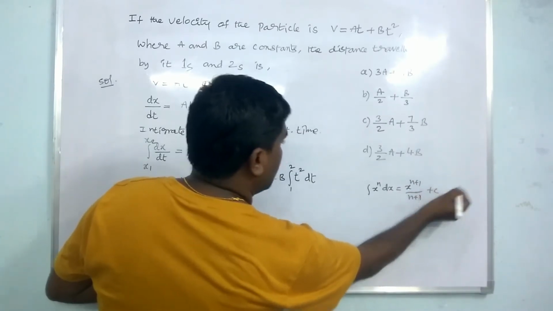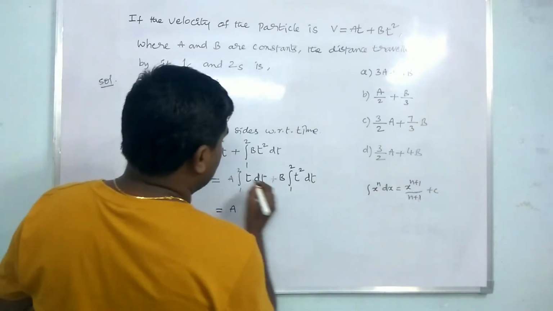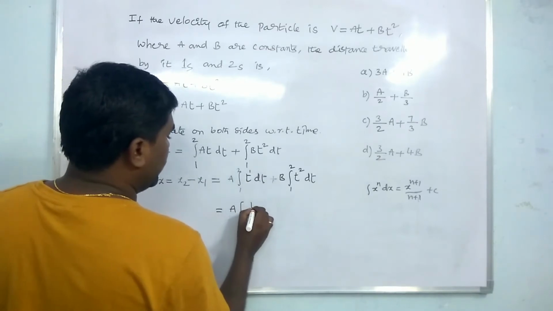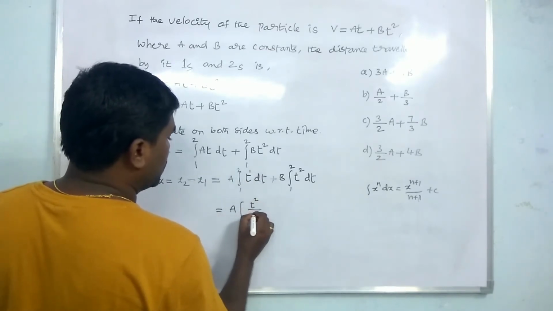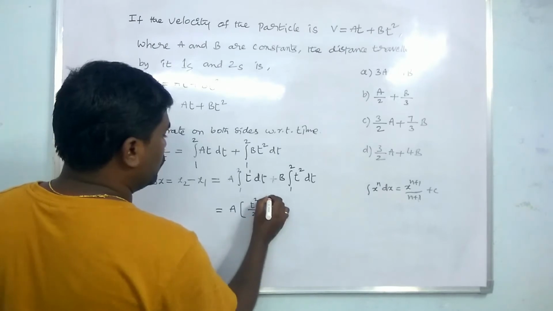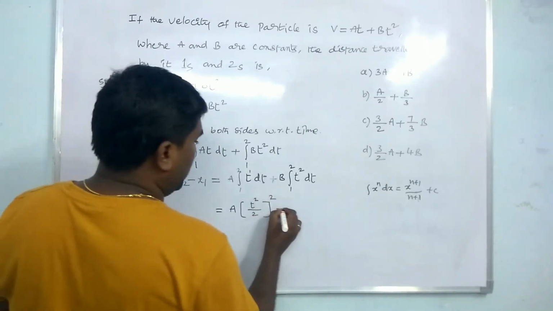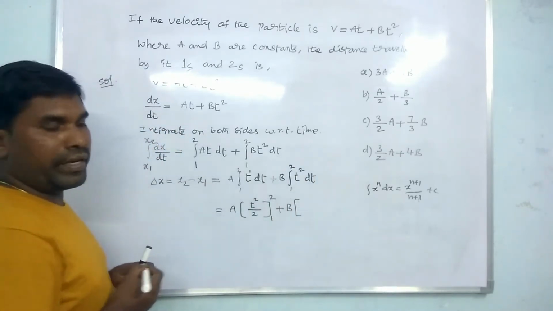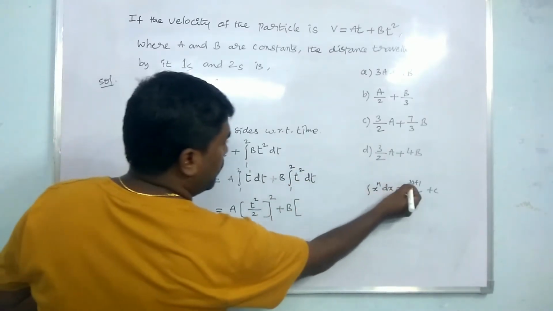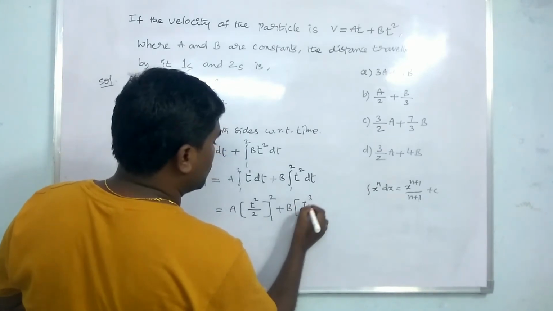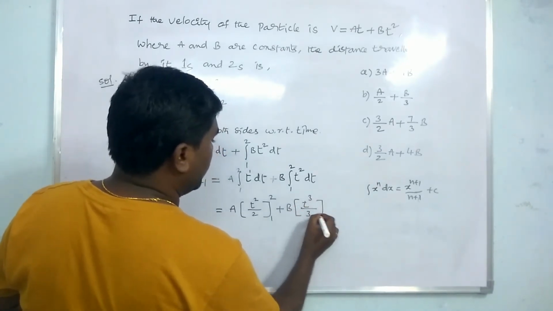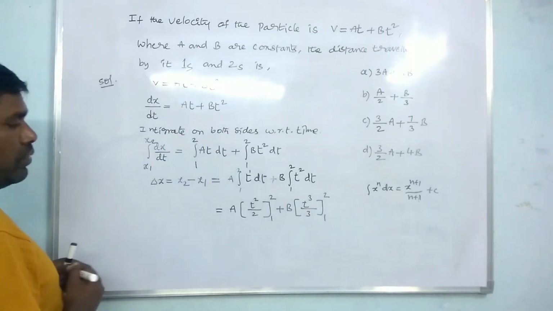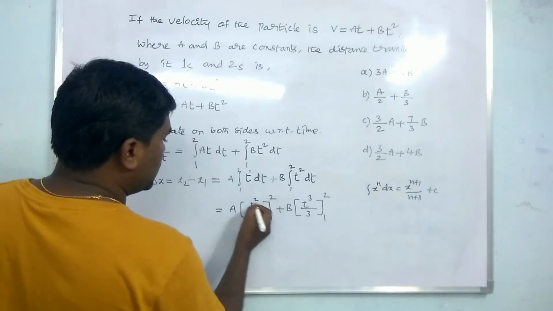Here n is 1, so we get t square by 1 plus 1, that is t square by 2, with limits 1 to 2, plus b into integral of t square dt, which is t power 3 by 3, limits 1 to 2. Now we apply the upper limit minus lower limit.